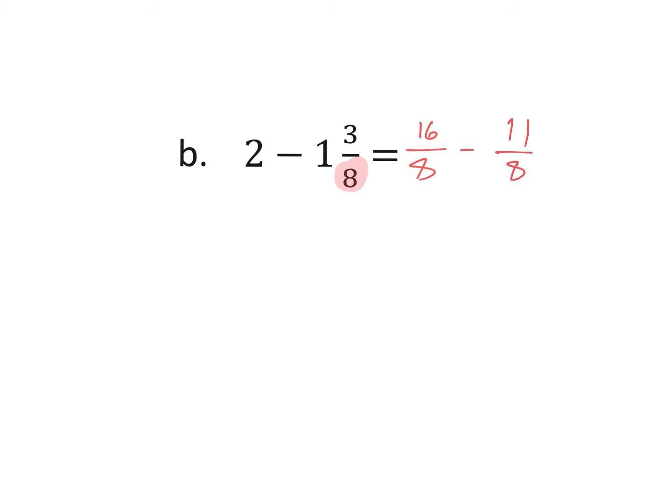And then we're going to subtract this. 16 minus 11 gives me 5 eighths. And that can't be simplified anymore. It's a proper fraction, the number on top is smaller than the number on the bottom, and it can't be simplified. So 5 eighths is our answer.